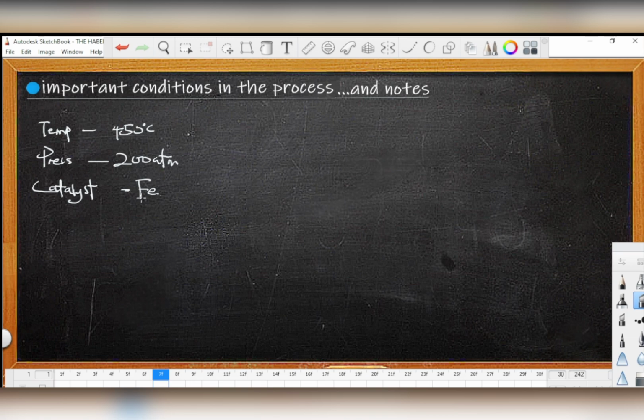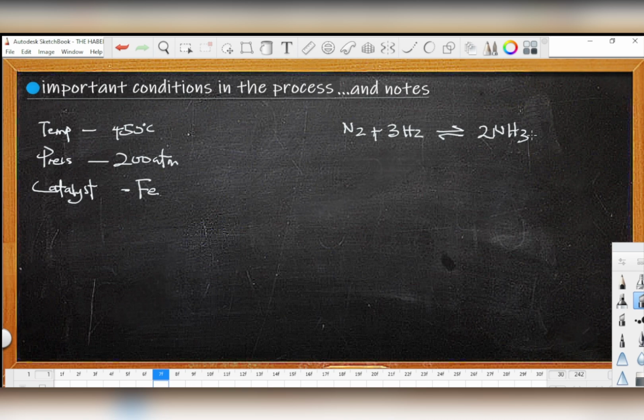Now, what about important notes? There are notes we have to take care of. I already told you why the process is challenging. I told you the conditions. Now, we must understand Le Chatelier's principle. If you've not done Le Chatelier's principle, you can refer to my video on it. You will see that this principle talks about reversible reactions and shifting equilibrium.